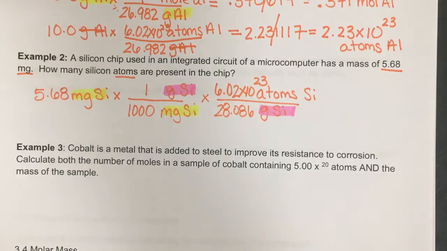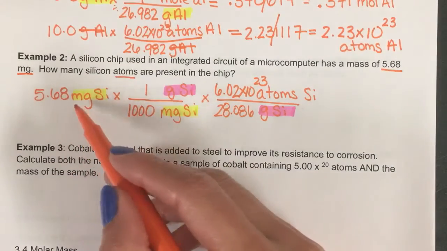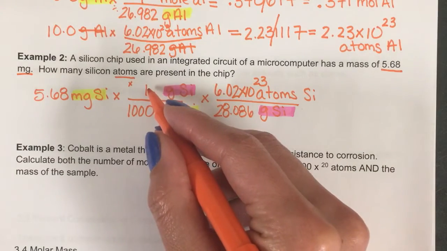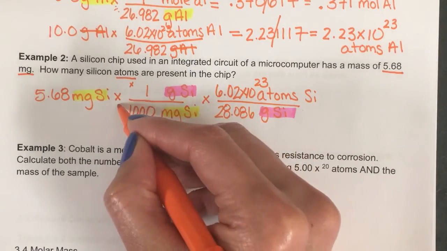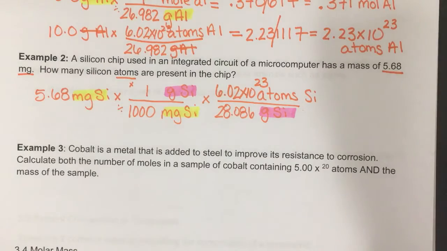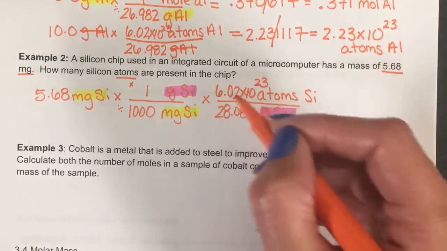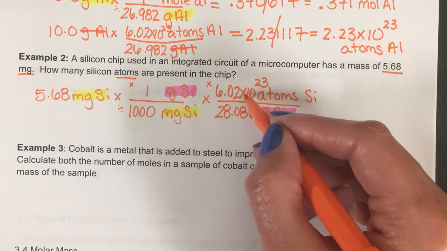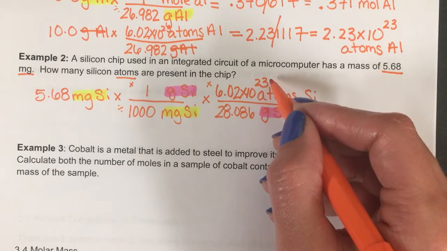Now when I plug this into my calculator, 5.68, numbers on top I multiply, times 1 stays the same, divided by 1,000. Numbers on top I multiply, so times 6.02 times 10 to the 23rd.